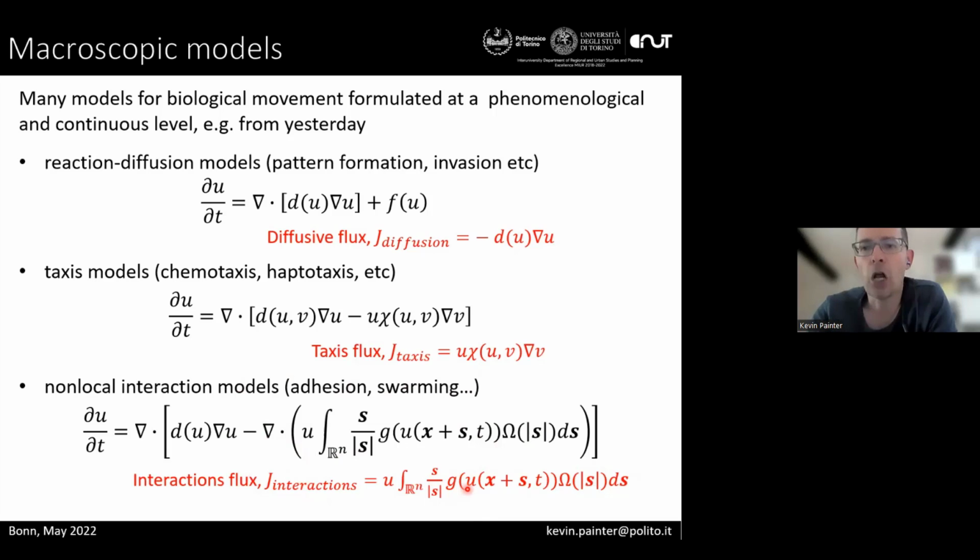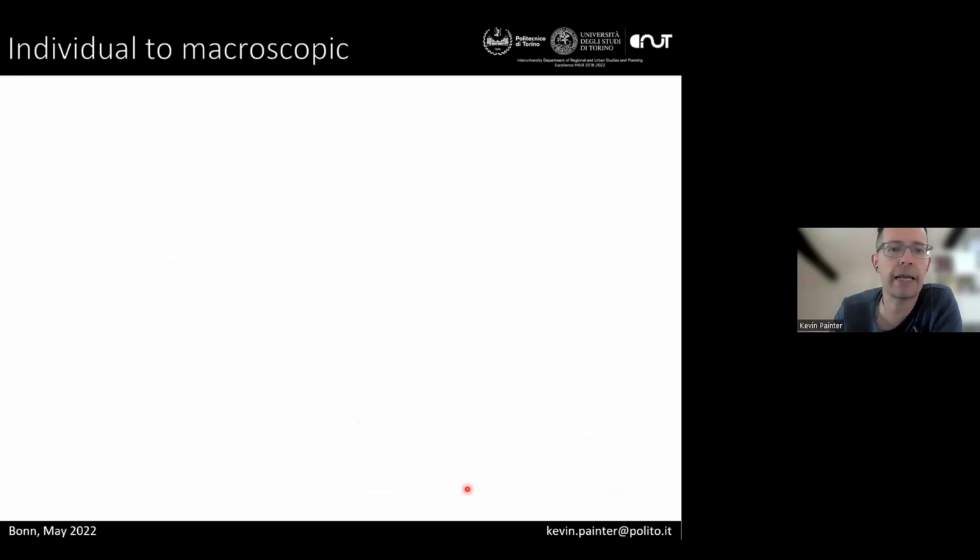So, as I say, there have been a lot of models for biological movement formulated at this continuous level, based on logical arguments about the movement of the population. That was the main thrust of yesterday's lecture.